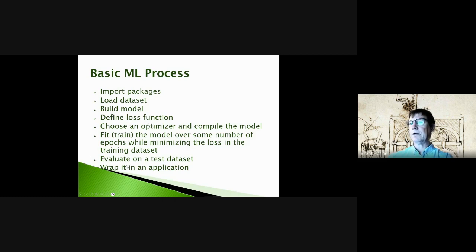And then we'll typically evaluate on a test data set. So you'll take all your data and partition that into a training data set, and then a test data set, and sometimes a verification data set or something. And then ultimately you've got to wrap it all in an application.